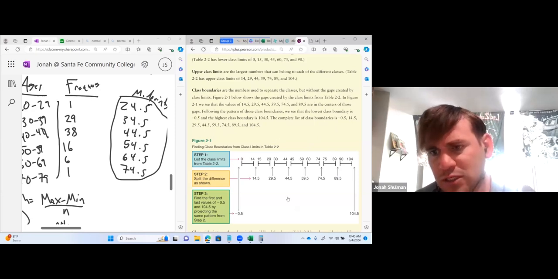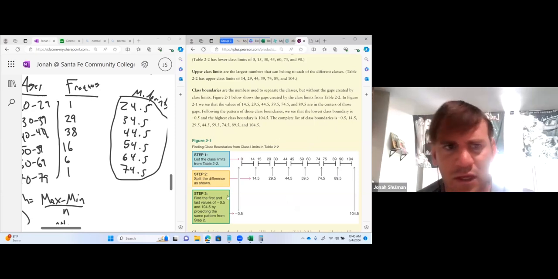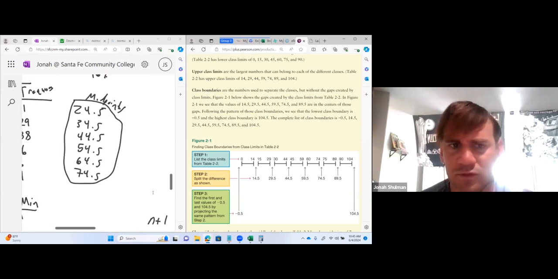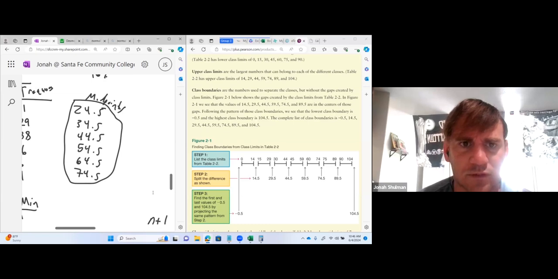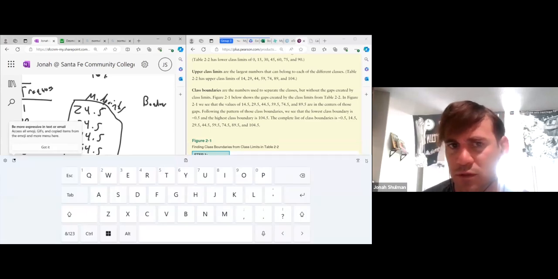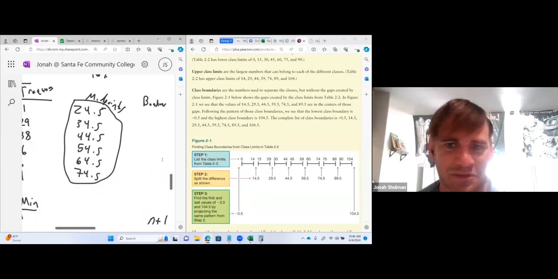So it's just showing you what's halfway between these. We're starting at 20. So the first boundary for this one is going to be halfway between that. So your boundaries are what?